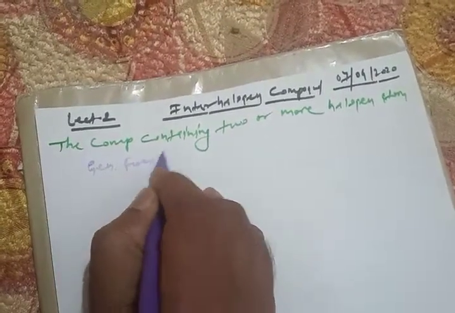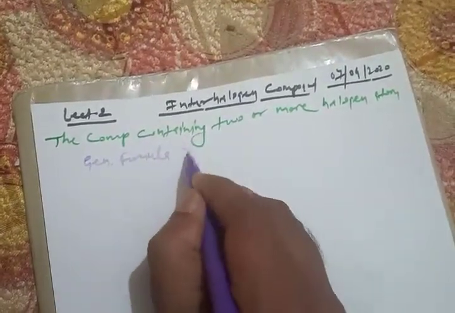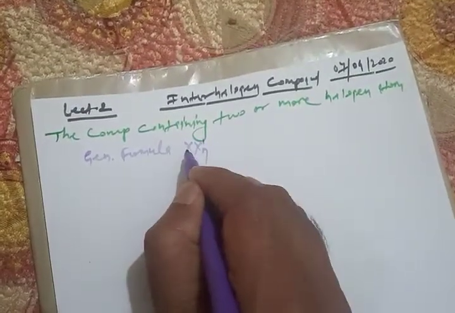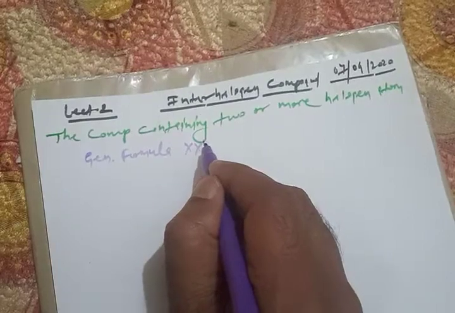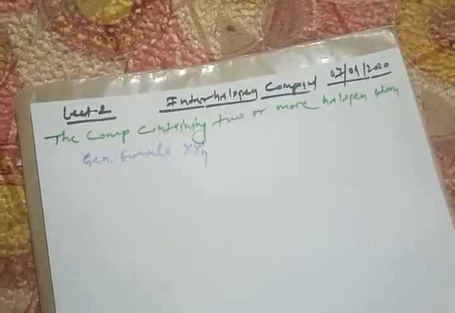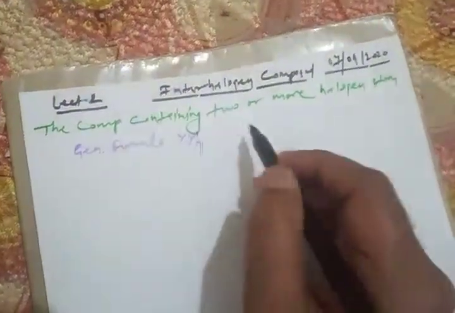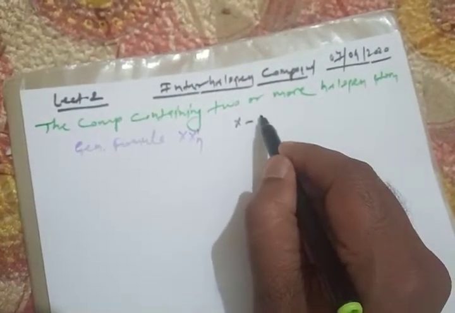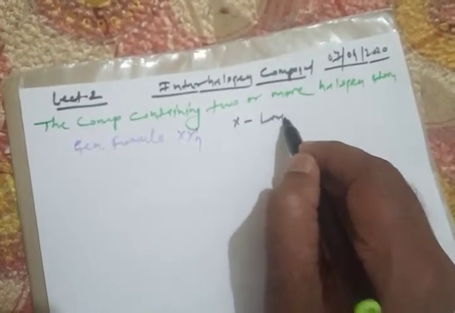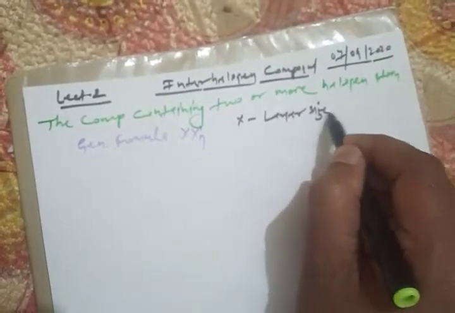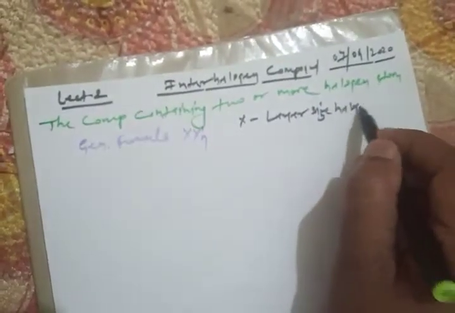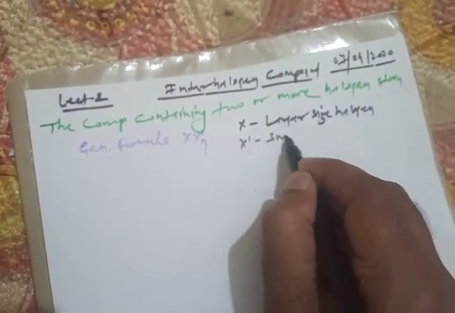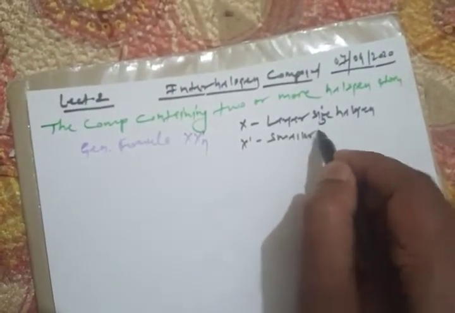The general formula is XX'n. X is the halogen, X' is another halogen. So what is the difference between this X and X'? X is the halogen of larger size, and X' is the smaller size halogen.